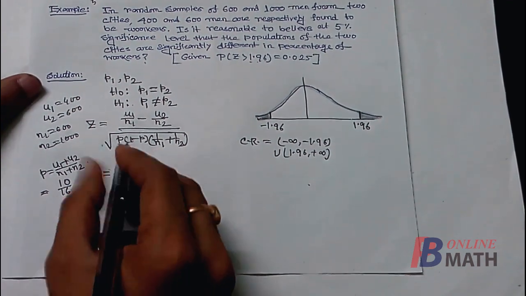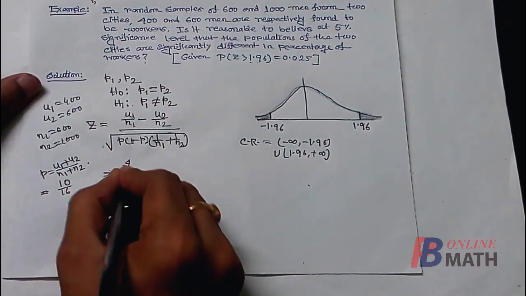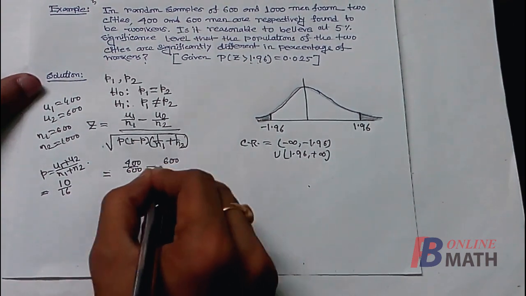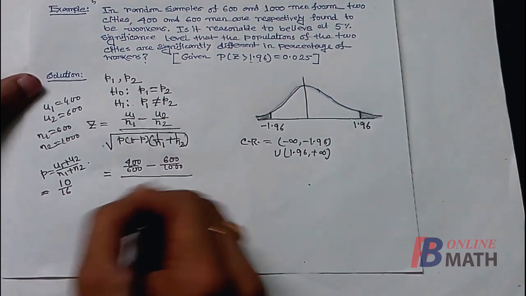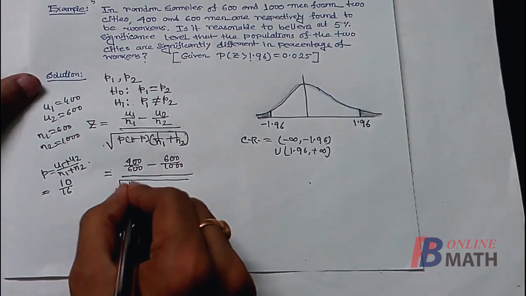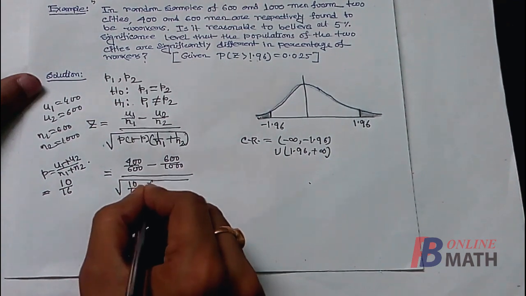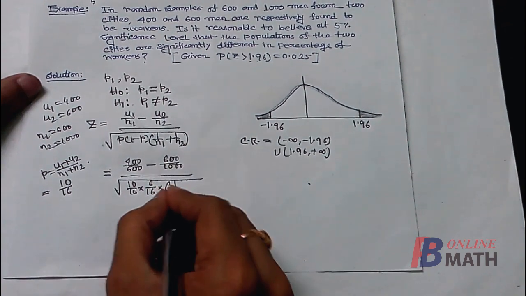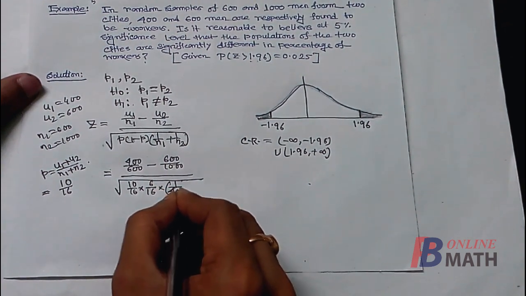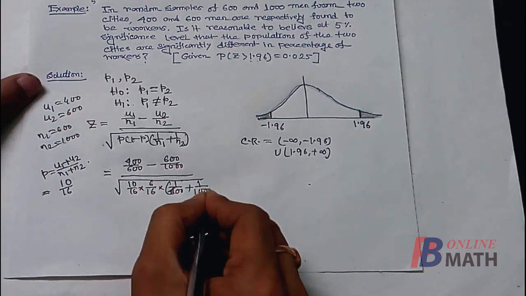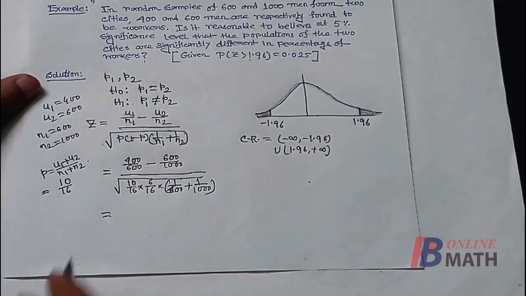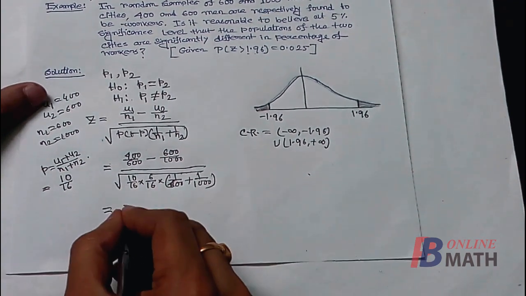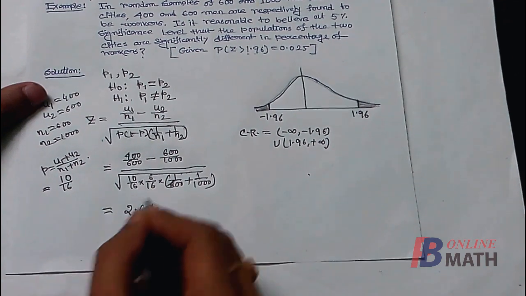So we can easily compute this value. u1 means 400 divided by 600 minus u2, 600 divided by 1000, divided by root over p, 10 by 16, multiplied by 1 minus p, 6 by 16, into 1 by n1, that means 1 by 600, plus 1 by n2, 1000. If we do the calculation, we find that this is approximately 2.67.